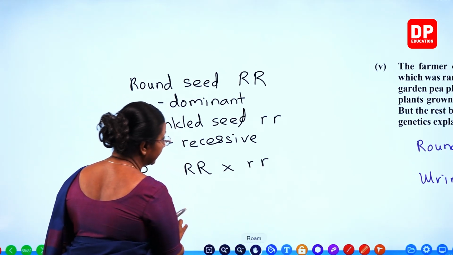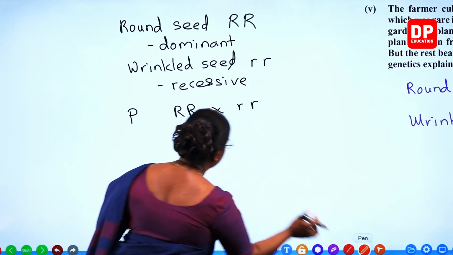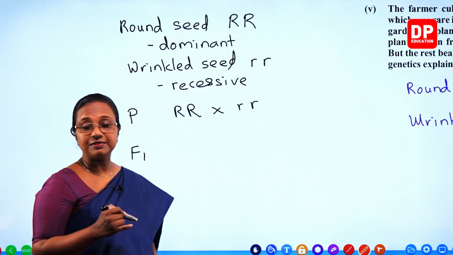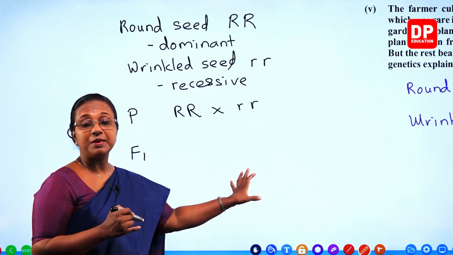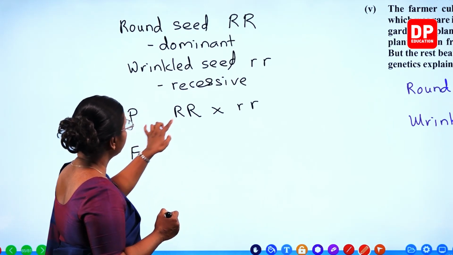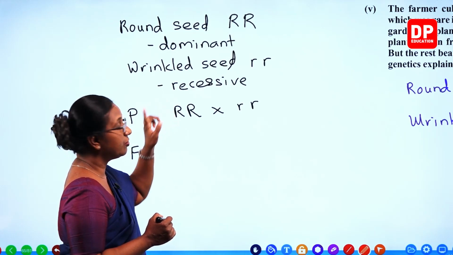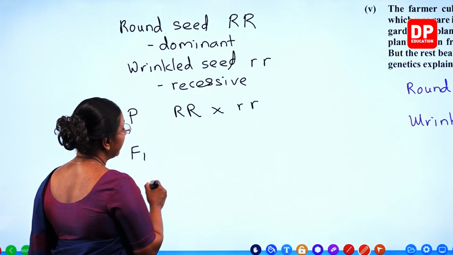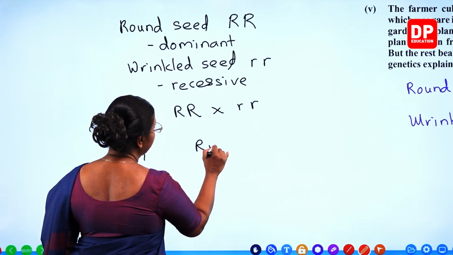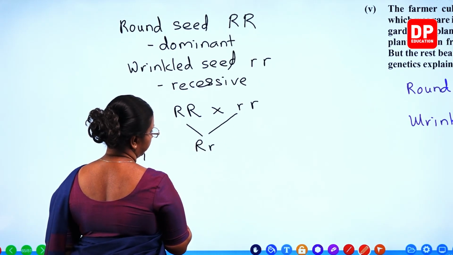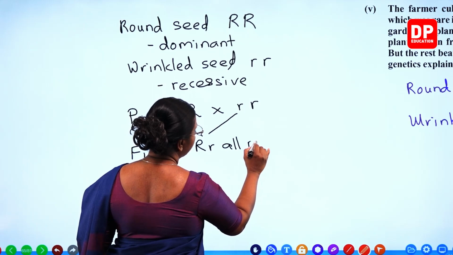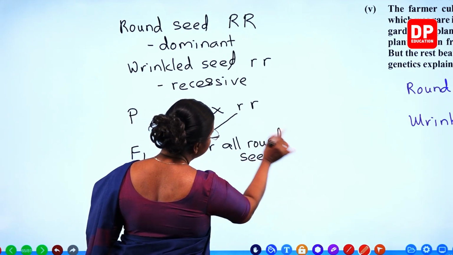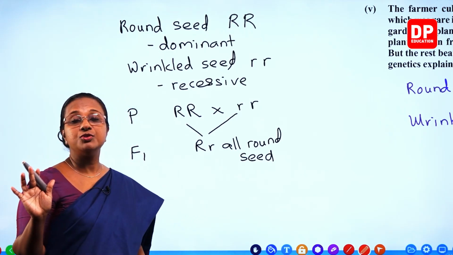From that you will get the first generation. What is going to be the first generation? Here I am going to directly write the first generation just because I am explaining this to you all. You all know from this you get the round seed, only one type of gamete. Here also one type of gamete. So F1 generation is going to be Rr, all round seed. That is what the farmer planted. All are round seeds.